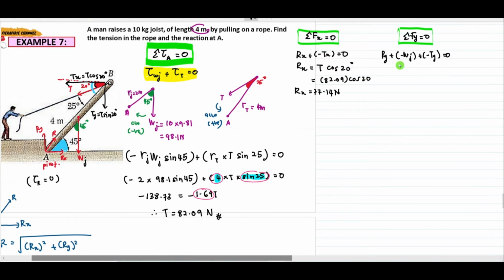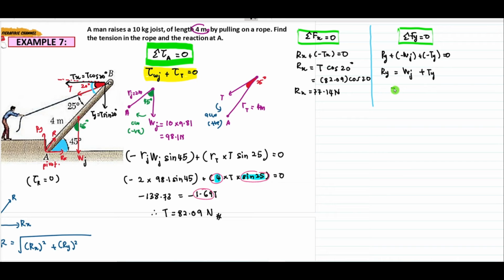Okay, it doesn't fit, I need to move it forward a bit. Alright, so now let's substitute here. I will draw a line first. So Ry, we want to find Ry, is equal to Wj plus Ty. Wj we already know its value is 98.1 Newton, plus Ty is T sin 20.